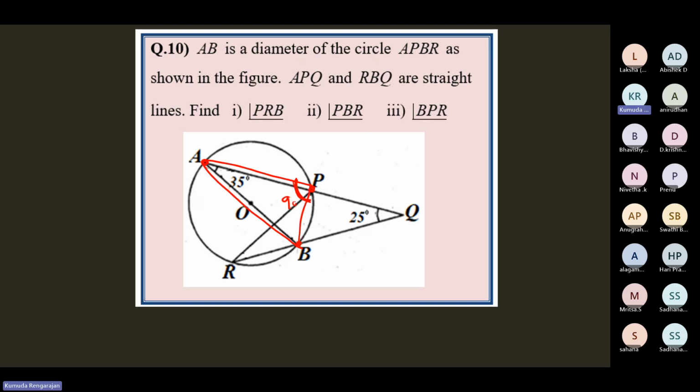So this is also 90. We had to find this angle PBR. So exterior angle property in a triangle: exterior angle in a triangle is equal to the sum of the two interior opposite angles. So this angle is equal to 90 plus 25.